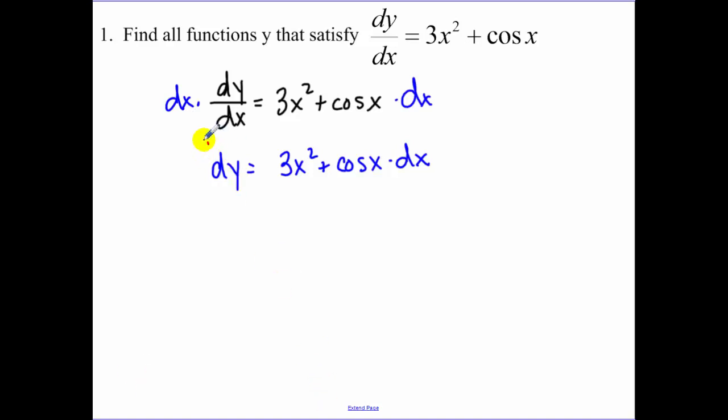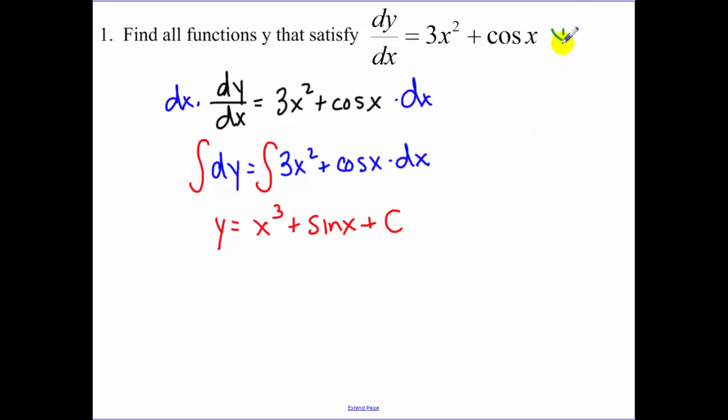Now, take your integral. When I take the integral of the left side, we get y. When we take the integral of the right side, we get x cubed plus the sine of x plus c. Don't forget your plus c. They don't give me an initial condition.